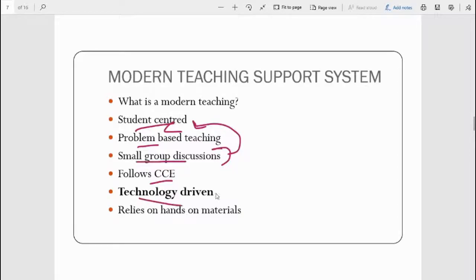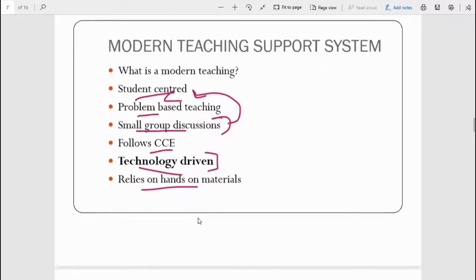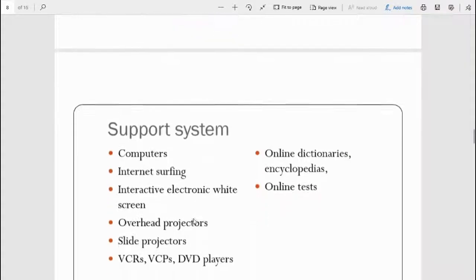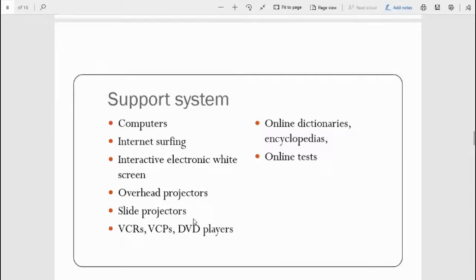It is technology driven, you have to remember this, because if you have this idea that the modern teaching support system uses technology, then you can easily solve any MCQ without confusion. It relies on hands-on materials. So what are the support systems of modern teaching?